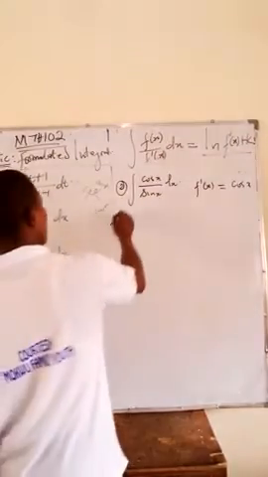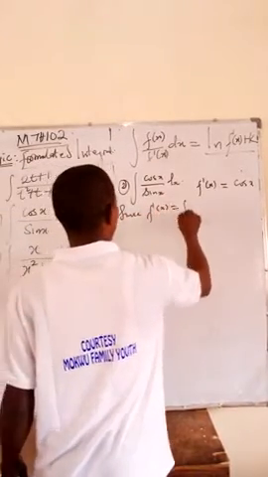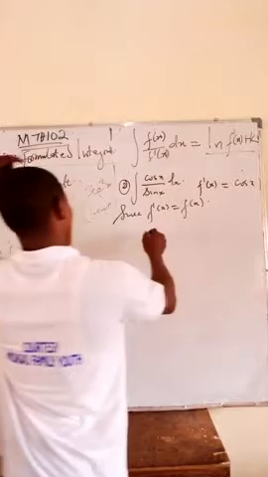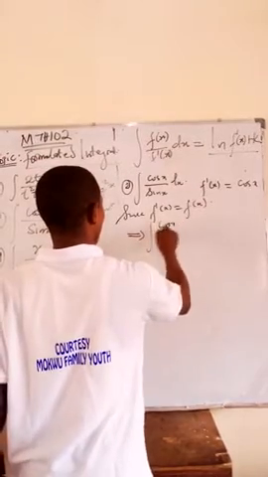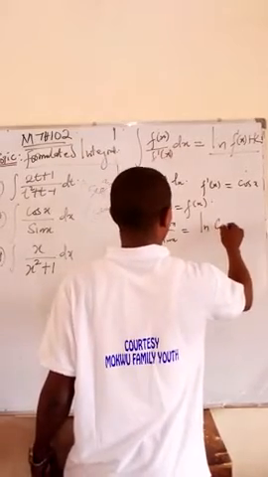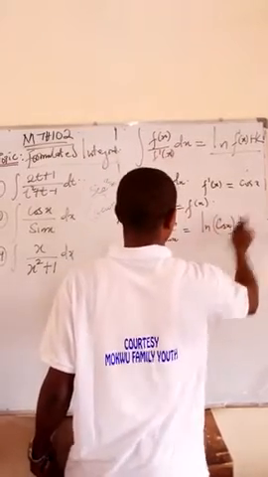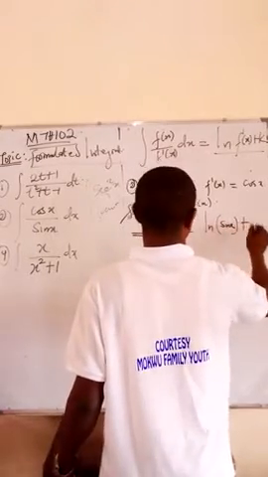So since my f prime of x is equal to the numerator, I have that my integral of cos x over sine x is equal to ln of sine x plus k.